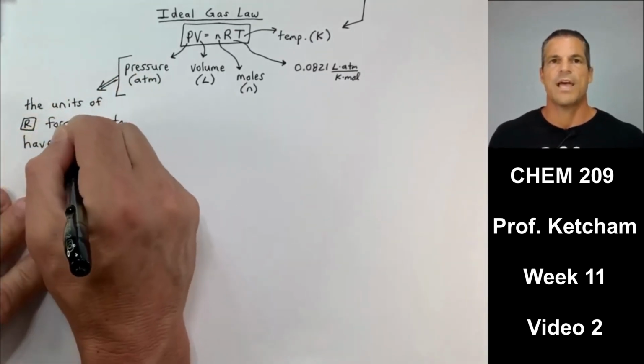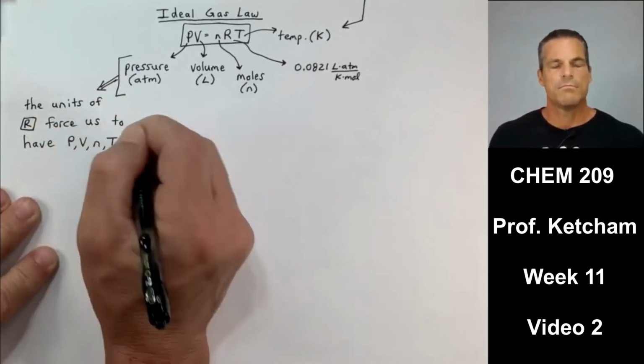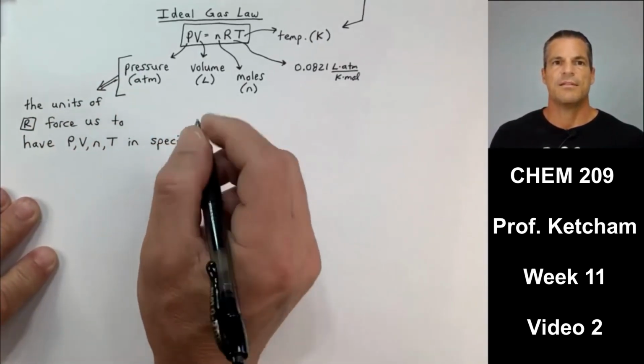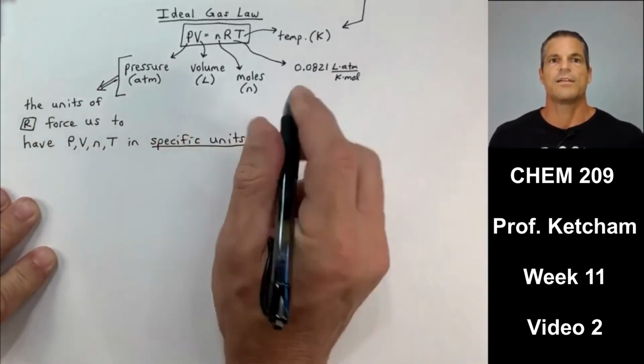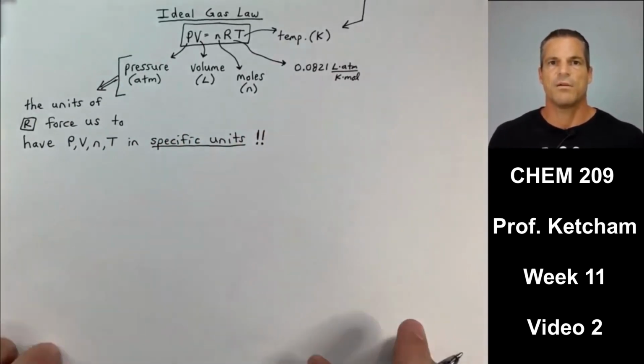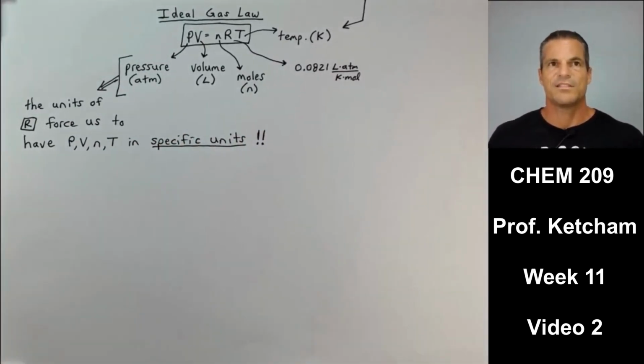Pressure must be in atmospheres. Volume must be in liters. N is pretty much always in moles anyway. And the temperature must be in Kelvin. Now, prior to this, the temperature was the only one we had to always keep in Kelvin. But with the ideal gas law, your pressure, your volume, your moles, and your temperature all have to have specific units. All right. So next time we'll continue with a bunch more practice on ideal gas law and combined gas law.